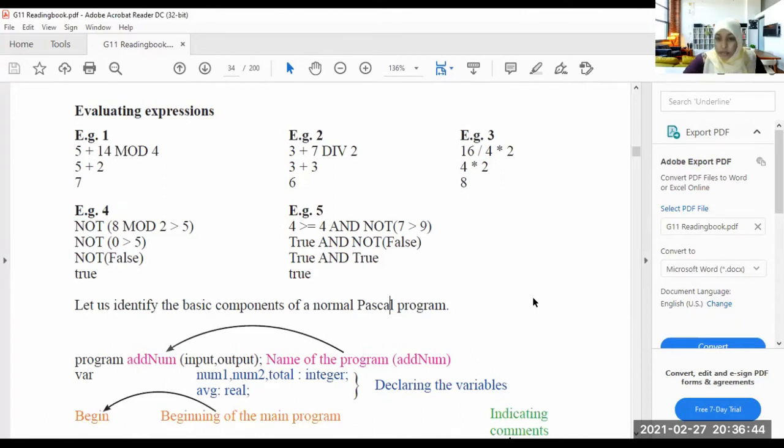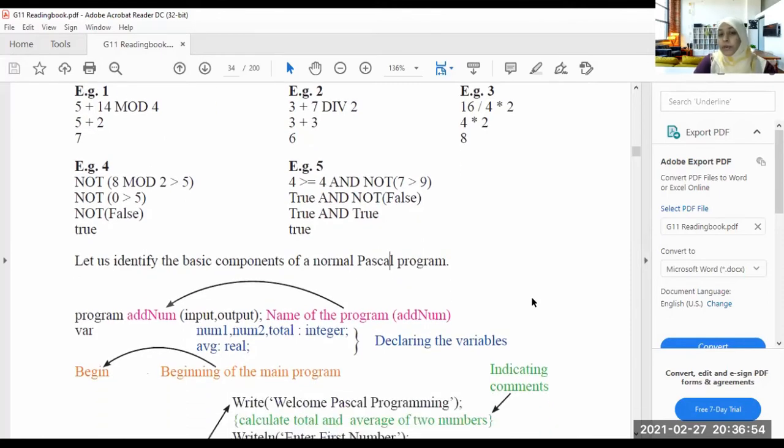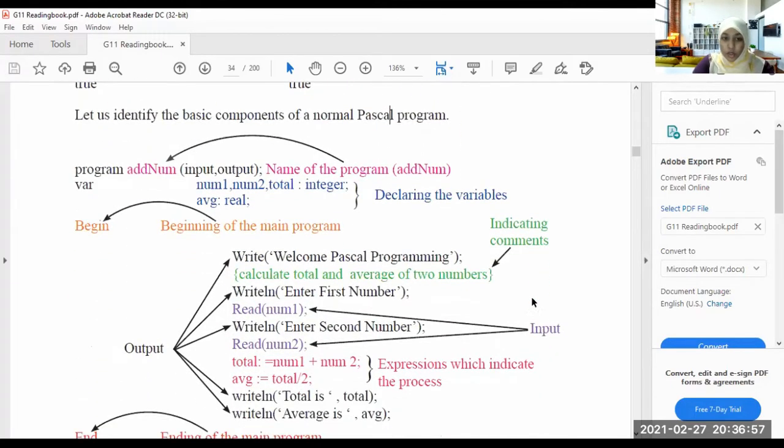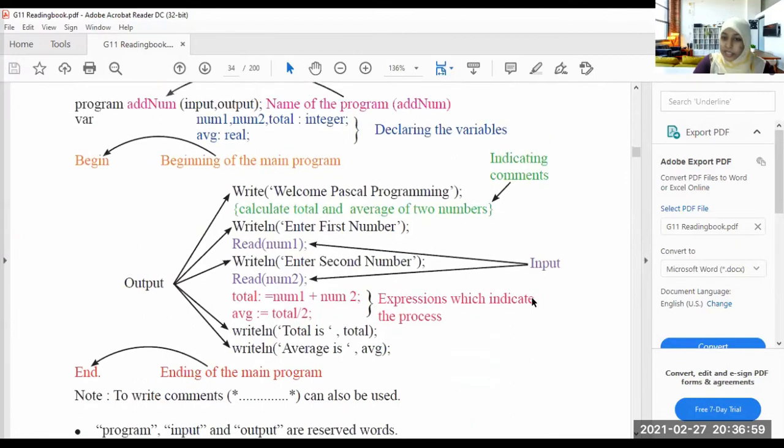So now the main part, how to write a normal Pascal program. Let us identify the basic components of a normal Pascal program, right? So pretty easy.